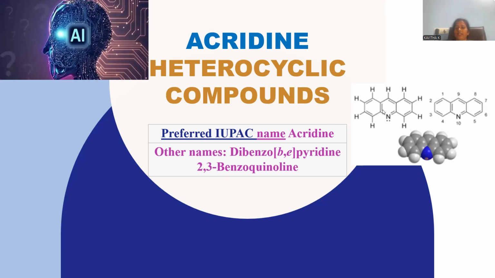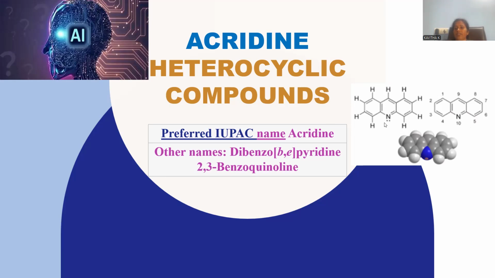That's the reason why here also we have the same kind of numbering system, and a detailed description regarding its chemical composition is provided in this first chemical structure, where the nitrogen is located with a lone pair of electrons, and it is a 7 pi bond containing system. All the carbon atoms are attached with hydrogen atoms, and the entire system is said to be conjugated in nature.